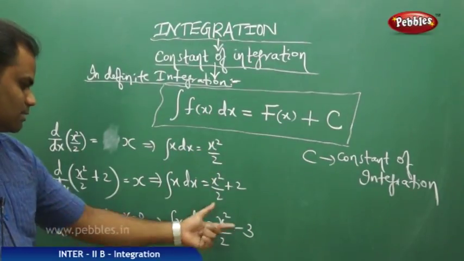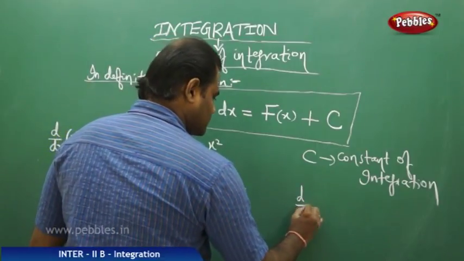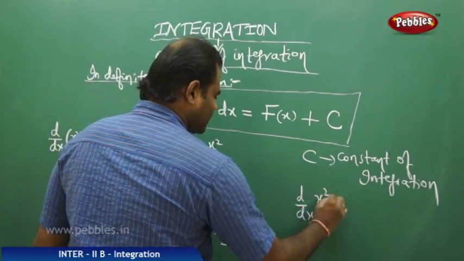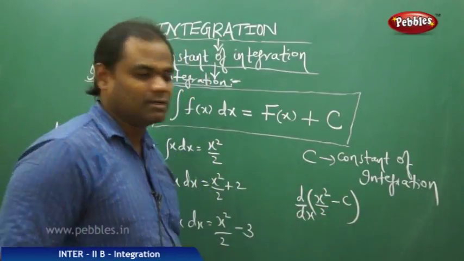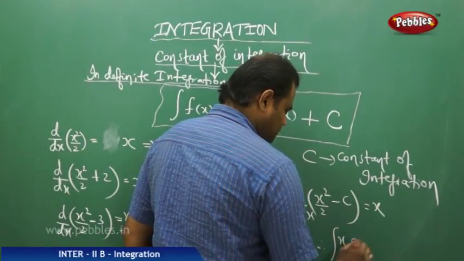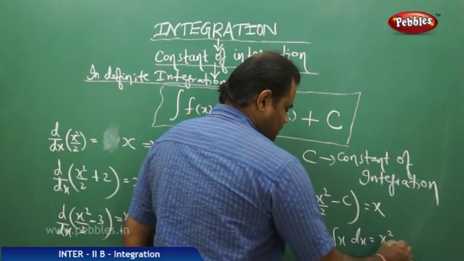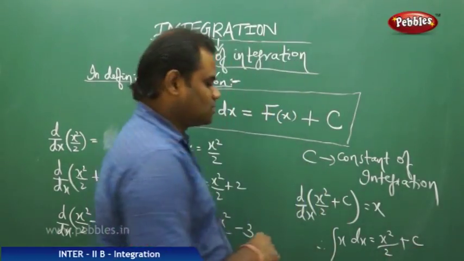So I get this to be this. Therefore, concluding, d by dx of x squared by 2 minus any constant I include here gives me the value x. Therefore, the integral of x dx is x squared by 2 plus c is what I get.